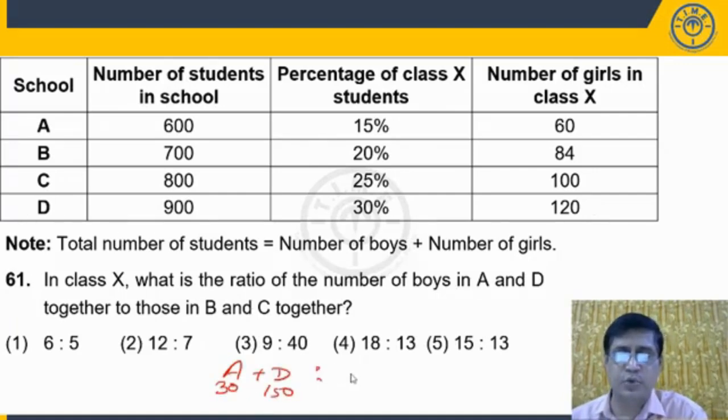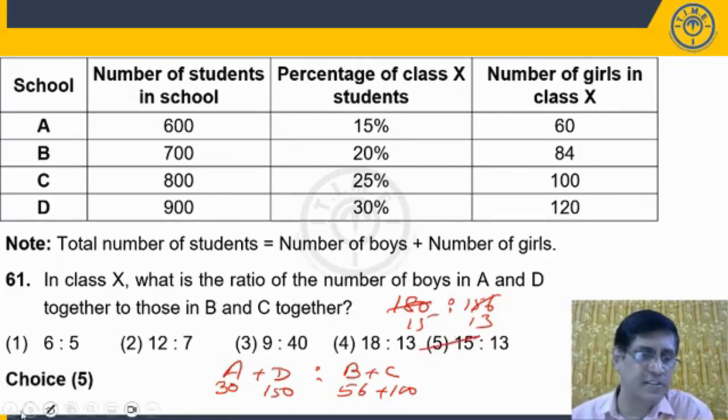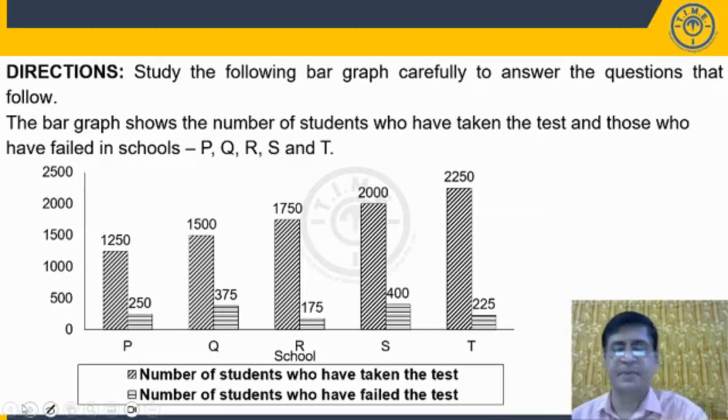What about the other two classes B and C? So what is the B value? 56 and C value 100. So what is that? 180 and 156. Now dividing by 12, it goes 15 times, and 12 here 13 times. Now the right answer for this is option 5. Fifth choice is the right answer.